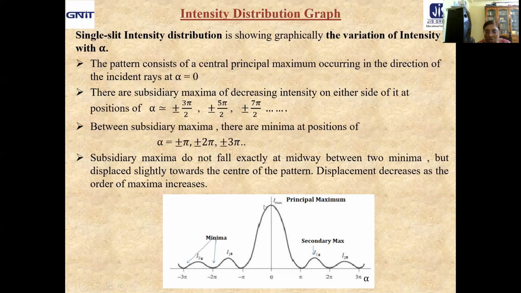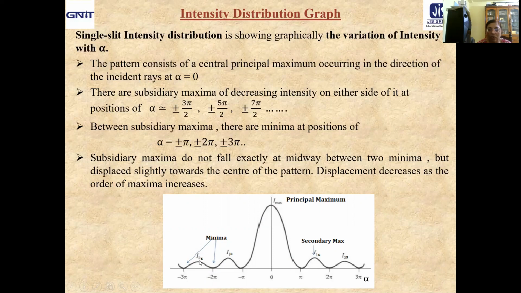There are subsidiary maxima of decreasing intensity on either side of it at positions of alpha equal to nearly 3 pi by 2, 5 pi by 2, 7 pi by 2, plus minus.